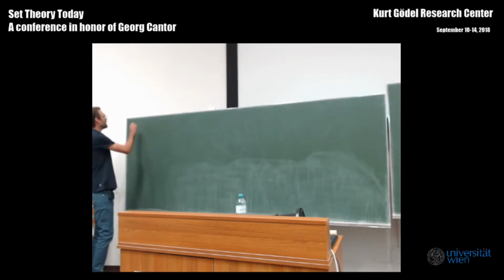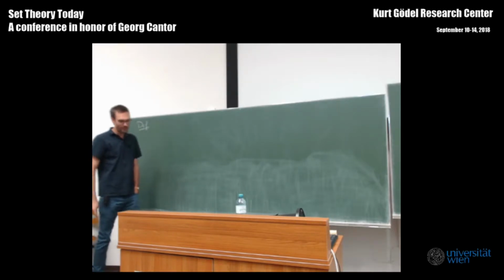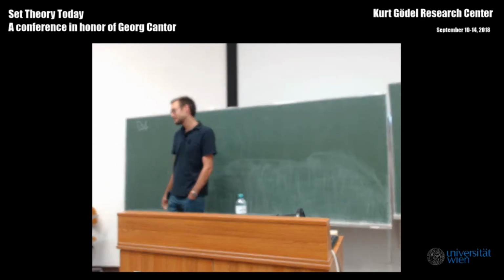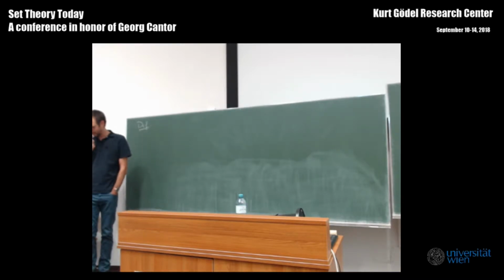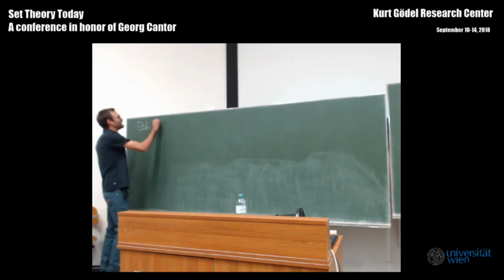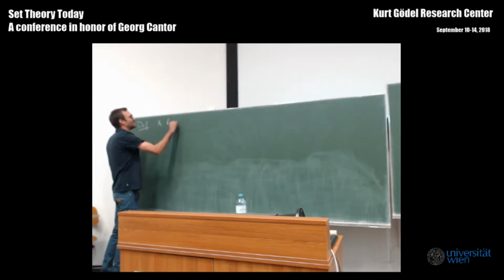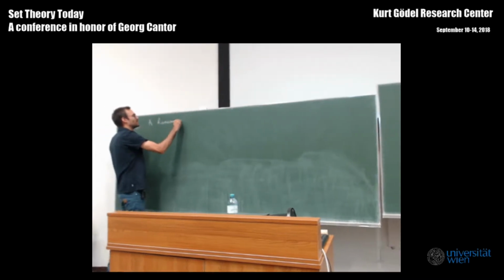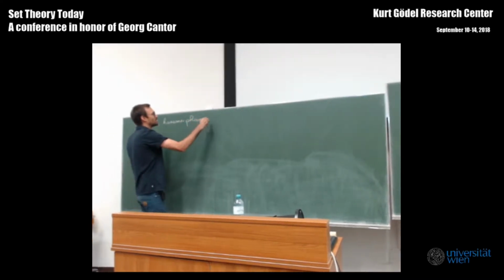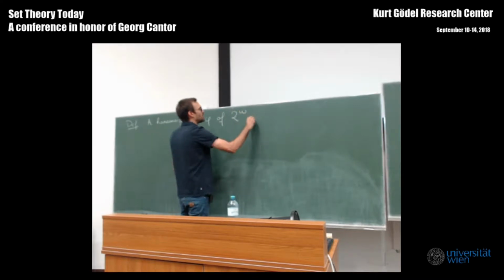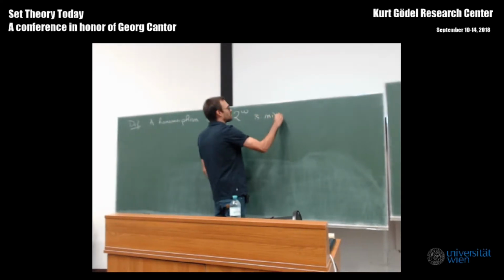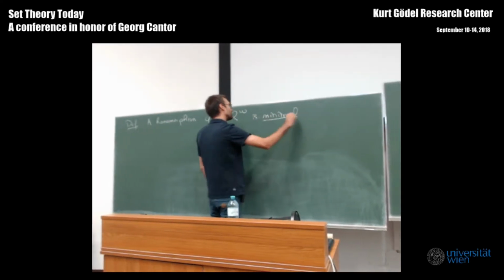There will be very little set theory in my talk. There will be a bit of descriptive set theory, and as you will see, a bit of failing at doing descriptive set theory. The main object is so-called minimal homeomorphisms.